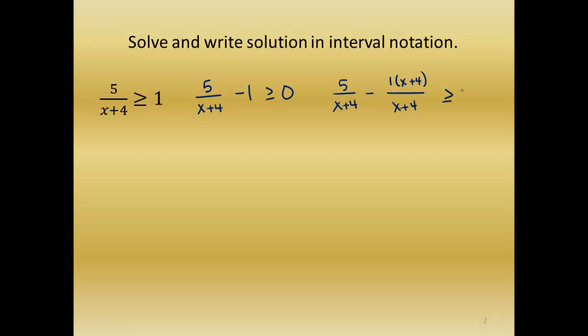Still greater than or equal to 0. Then I will go ahead and distribute this negative 1 and clean up my numerator so that I'm combining these into one rational expression, which will leave me with 5 minus 1x minus 4, so I will have 1 minus x over x plus 4 is greater than or equal to 0.